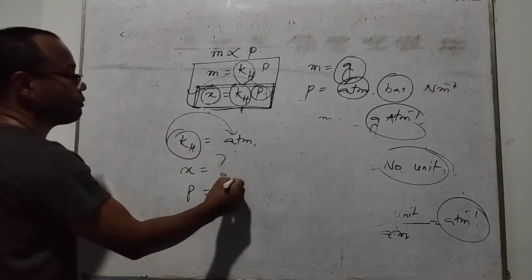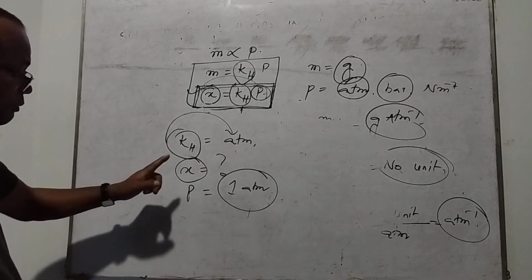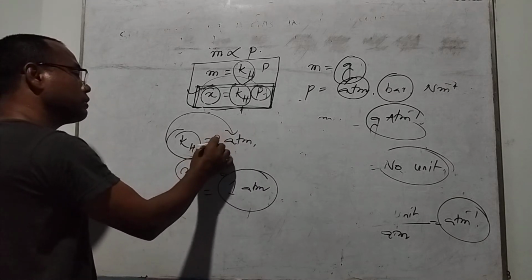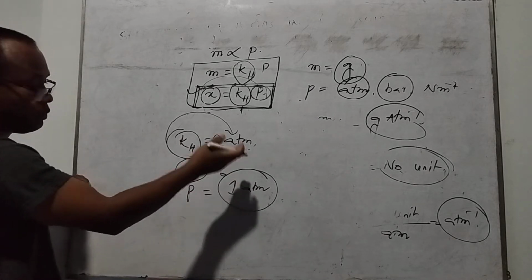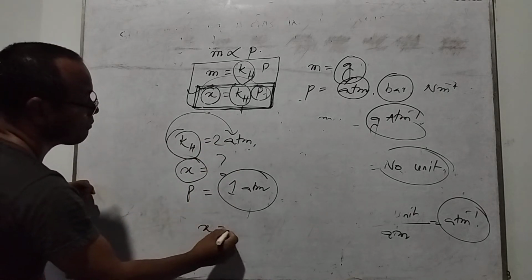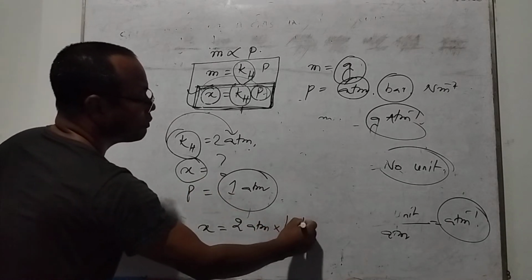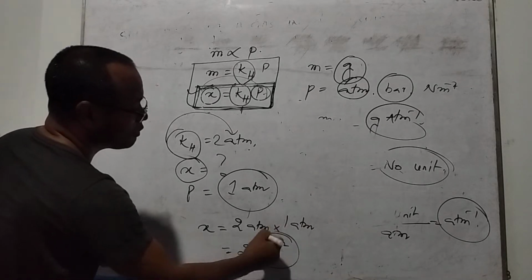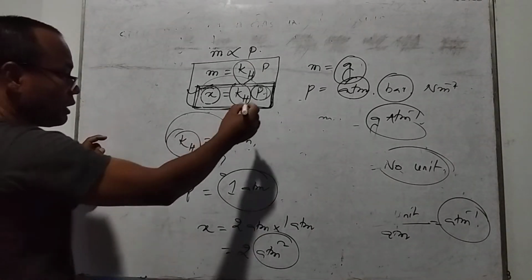Suppose this P value is 1 atmosphere, and the KH value is 2 atmosphere. When we calculate by using this equation, what will be the unit of the x? KH is 2 atmosphere and P is given as 1 atmosphere. When we calculate, we get 2 atmosphere squared, so this is not a unit of the mole fraction, so we cannot apply this equation.